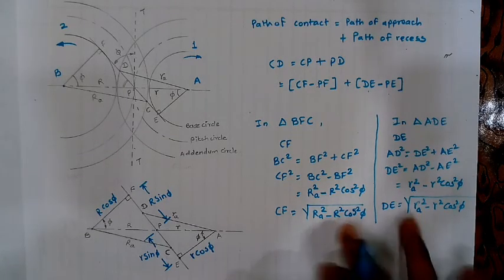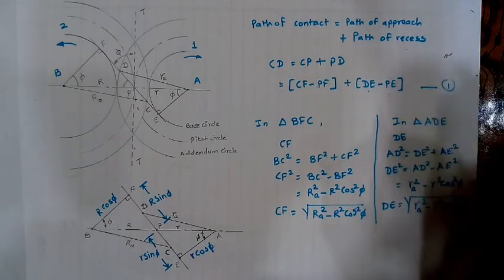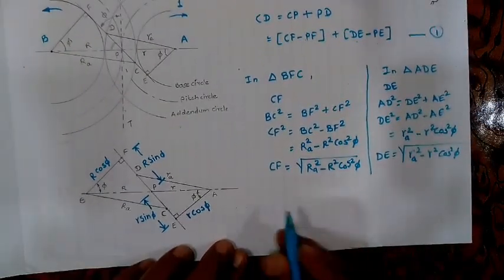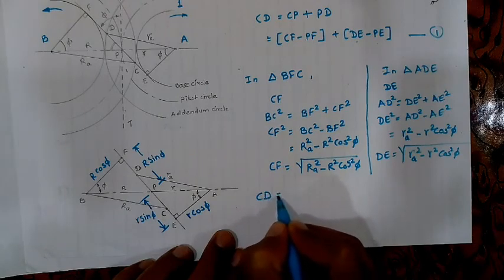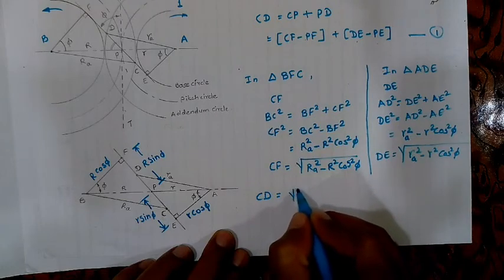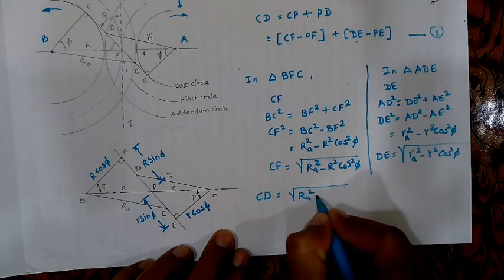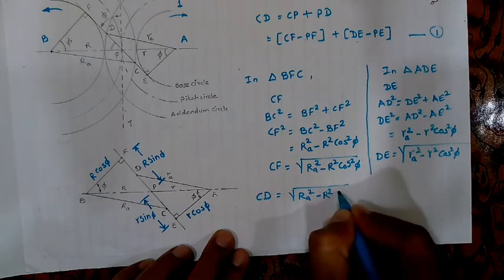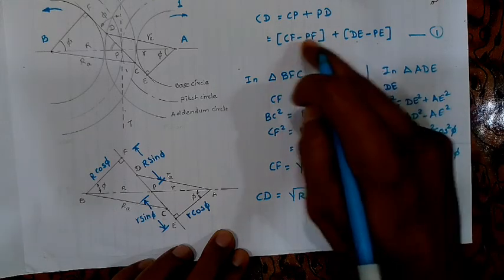I am going to put both the values in this first equation. So the value of the path of contact, that is CD, is equal to CF minus PF. So CF is root R_A square minus R square cos square phi, minus PF.